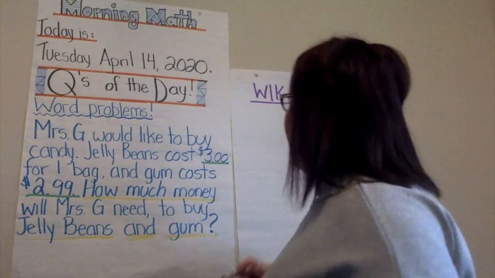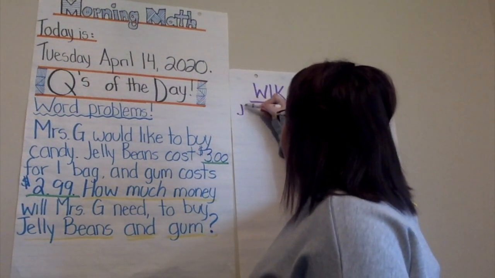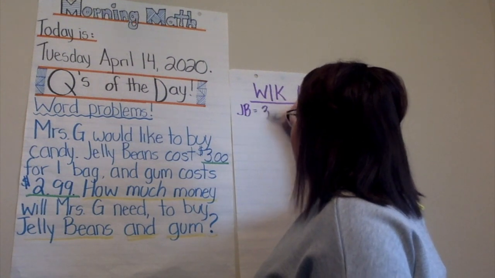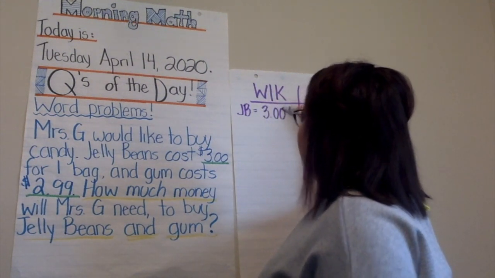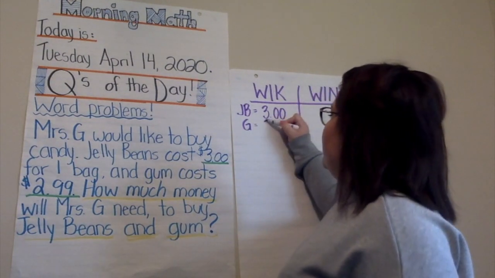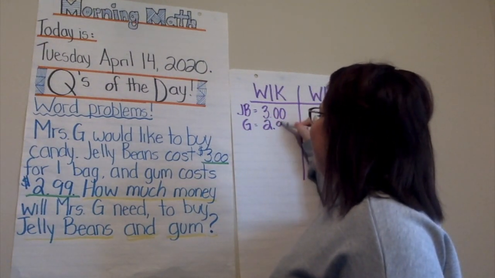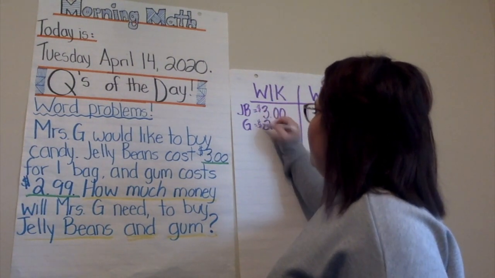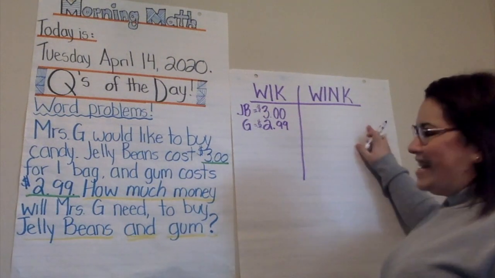So we know that one bag of jelly beans, I'm going to put JB for jelly beans, is equal to $3. I'm going to put that G, which stands for gum, is equal to $2.99. Write the money sign over here. What I need to know?